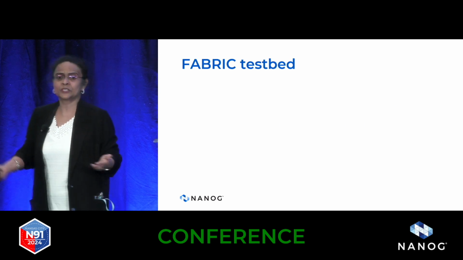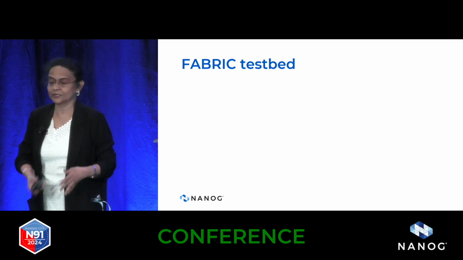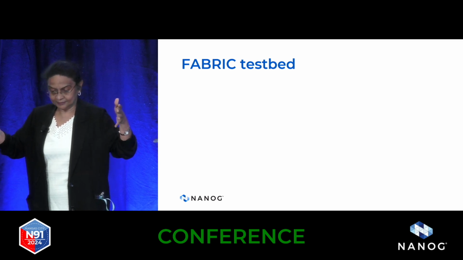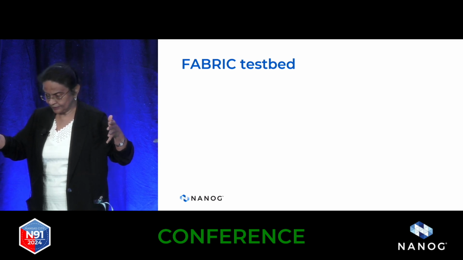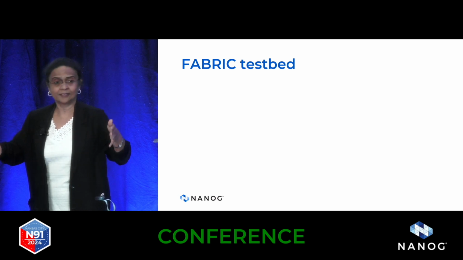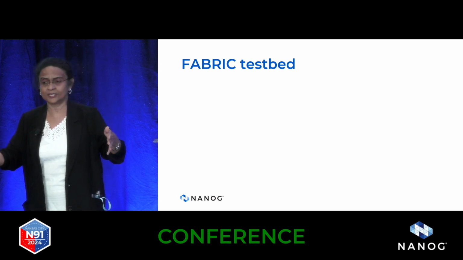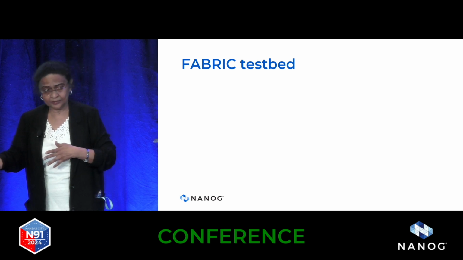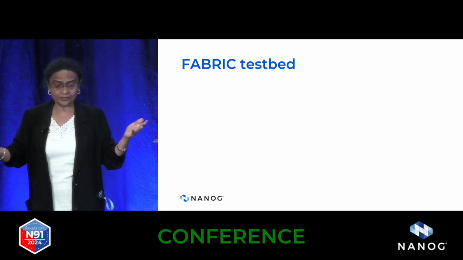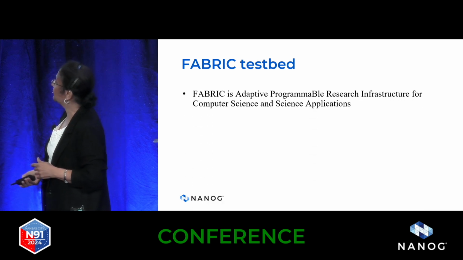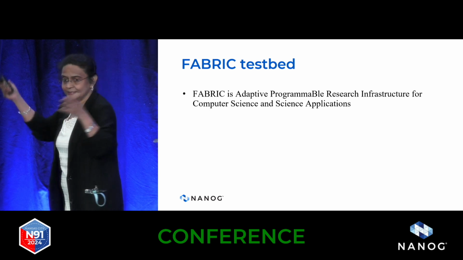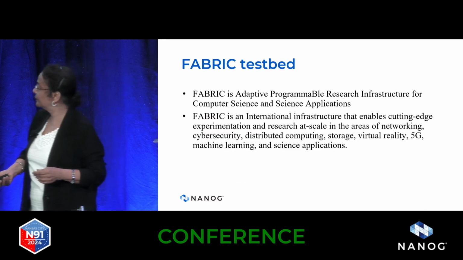But I did capture a little bit about Fabric, because the fact that we have really tested this out depends on how good the Fabric testbed is, and it's a great testbed. That is the definition of it; I pulled it from their website.